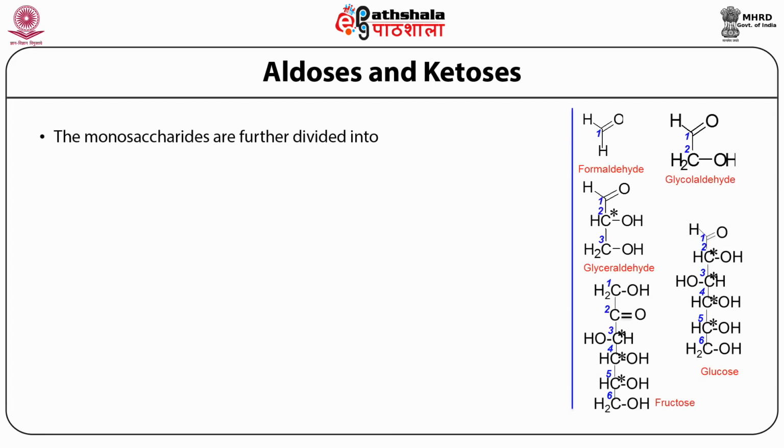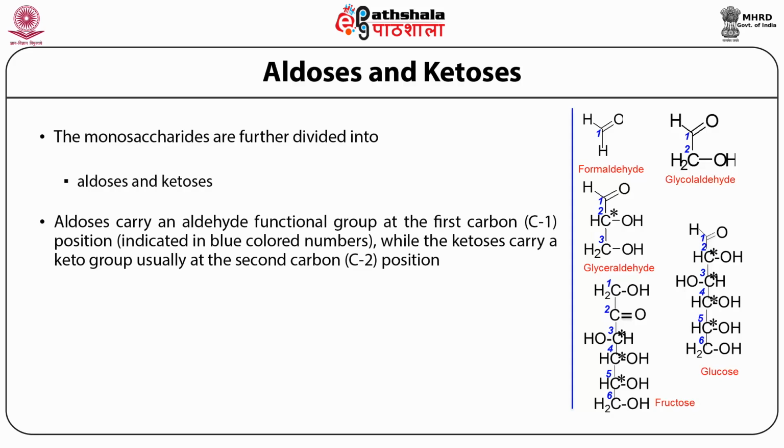The monosaccharides can be divided into aldoses and ketoses. What is the difference between an aldose and a ketose? The aldoses carry an aldehyde functional group at the first carbon. If you look at the structures depicted on the right hand side, you notice that there is a molecule called glyceraldehyde, then there is glucose, and in all these molecules at carbon 1, the functional group is an aldehyde group.